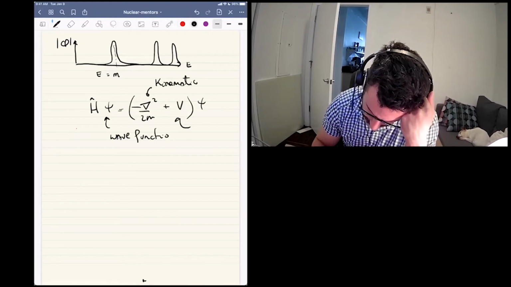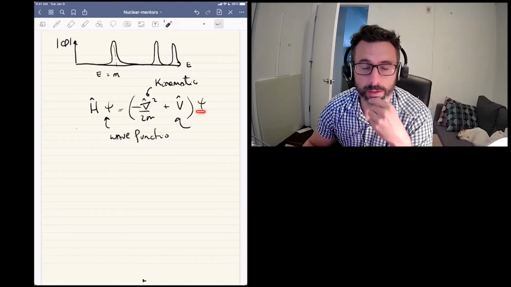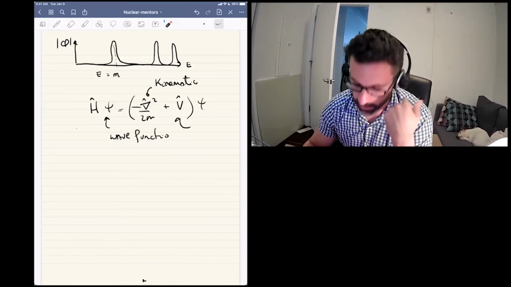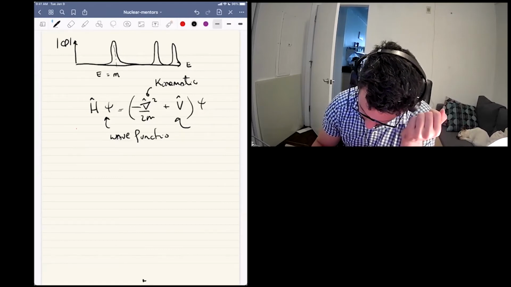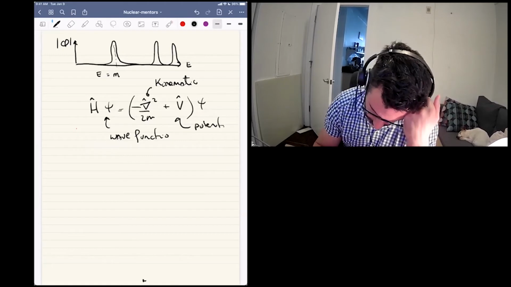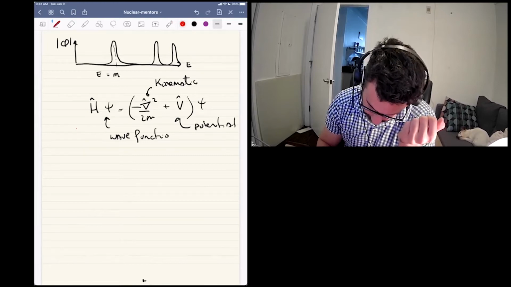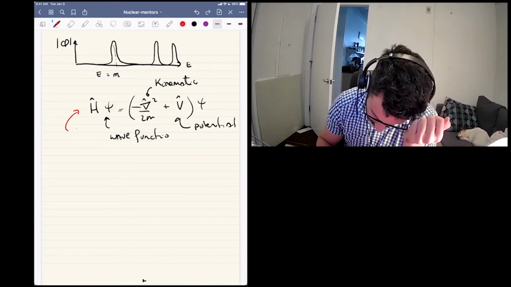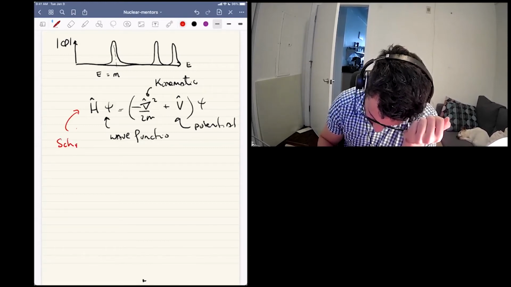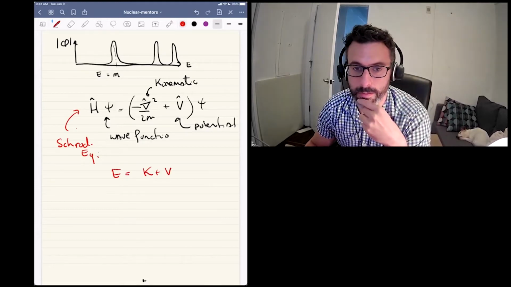And these are operators that are acting on some mathematical object. These are wave functions. And here you have a potential. So the basics of quantum mechanics, namely the Schrodinger equation, tells me that energy is equal to kinetic energy plus potential energy. That's the basics of it.